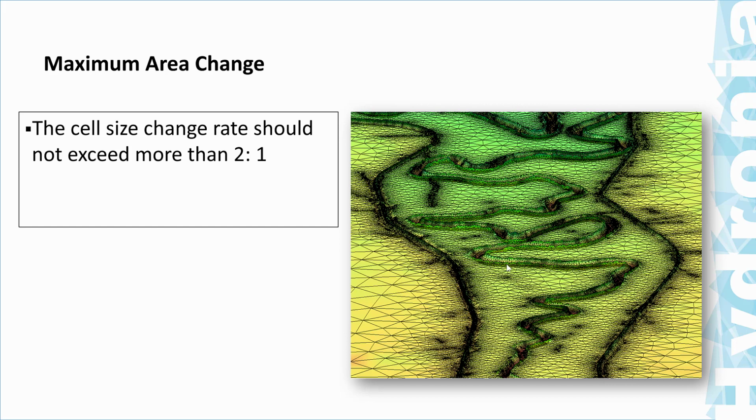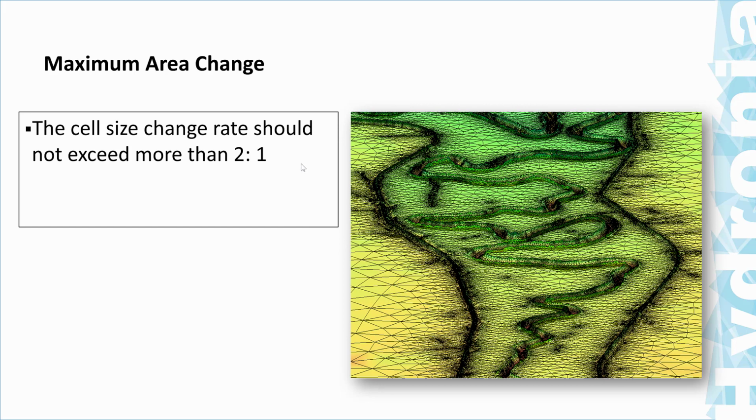So you have smaller cells that improve the accuracy of the simulation within the channel. And then you have larger cells in the floodplain where maybe you don't need that type of resolution. So in those cases, there will be a variation of the size of the triangular cells between the high density lines and the larger areas where you have much larger cells.